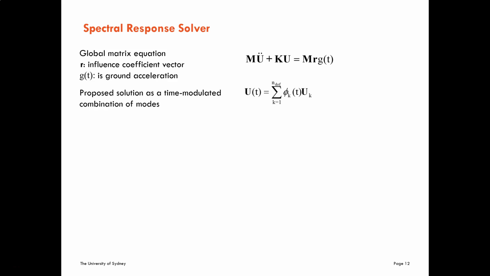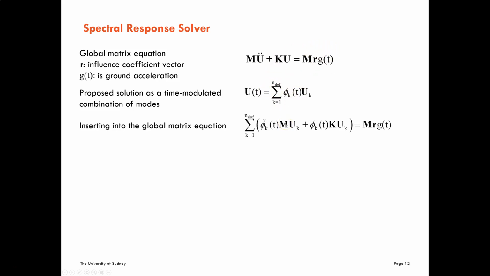So g is the ground acceleration, or the imposed acceleration in the system. I am going to assume that the solution that I am looking for is a linear combination of the vibrational modes. So I sum over all the modes, that is equal to the number of degrees of freedom, and I am going to assume that the coefficients here are time dependent. This is my proposed solution, and I need to plug it into my equation.